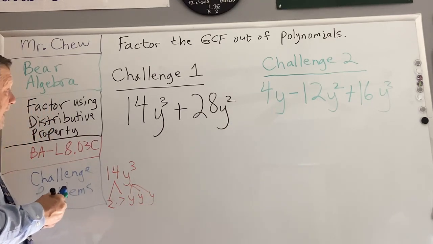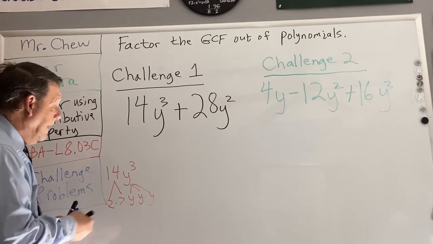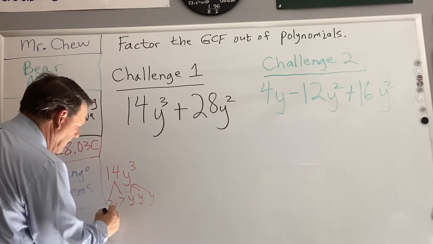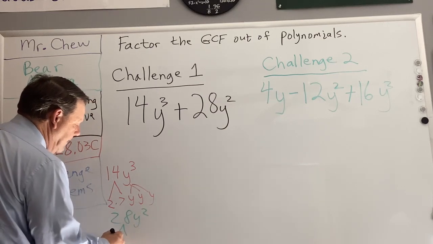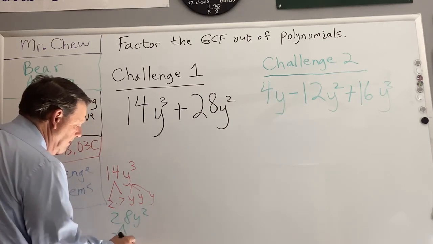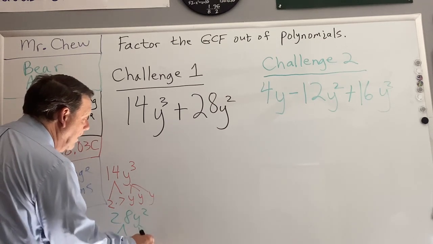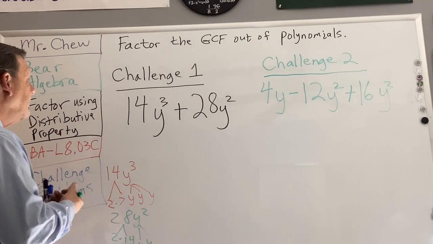And then the 28 y squared. The 28 is 2 times 14. The 14 is 2 times 7. Then you got y. So there I've got both of them. So I'm going to write them both down.